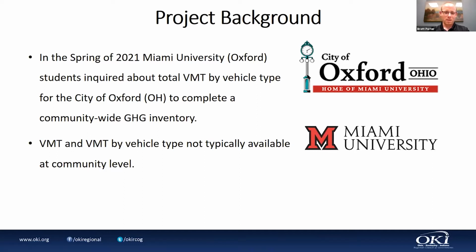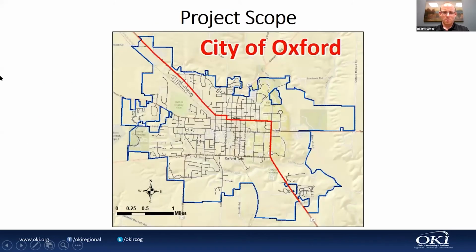And then it dawned on me that StreetLight actually provides AADT, or average annual daily traffic volumes, for all roadways for 2019. I thought that would be a great way to collect the AADT and then convert that over. So the scope of the project was trying to really get VMT for the city of Oxford, and doing that, identify AADT volumes for every roadway within the city of Oxford.